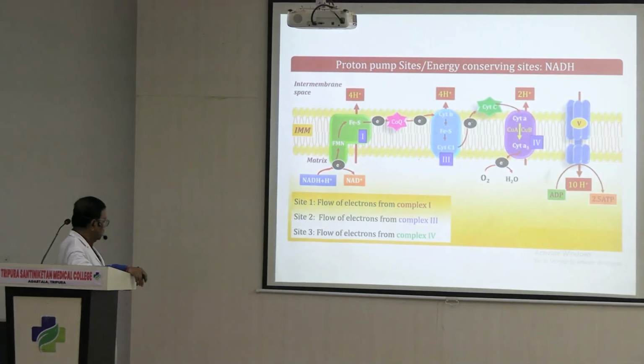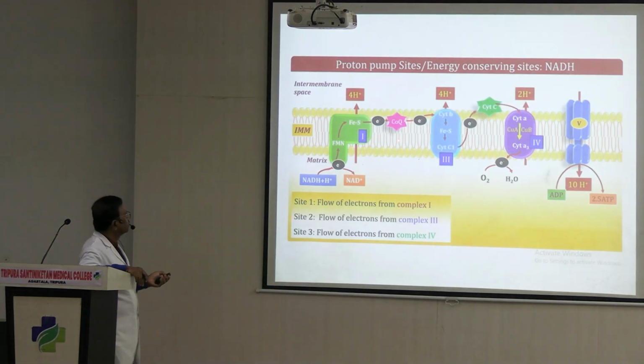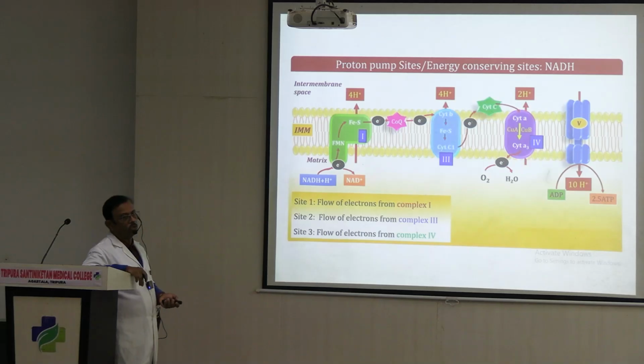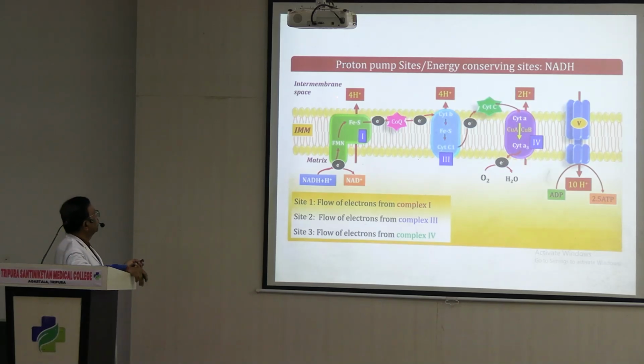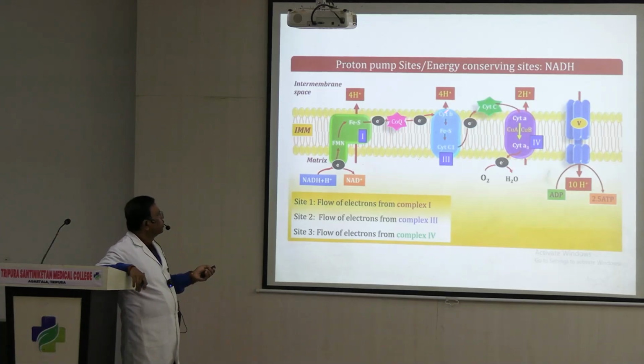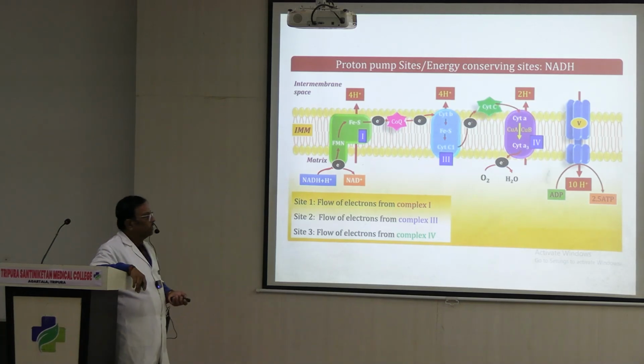So the electron is transferred to FMN, then through the iron-sulfur complex to coenzyme Q, and 4 protons are pumped into the intermembrane space. Then from coenzyme Q to cytochrome B, and through the iron-sulfur complex to cytochrome C1. During this oxidation process, again 4 protons are pumped into the intermembrane space.